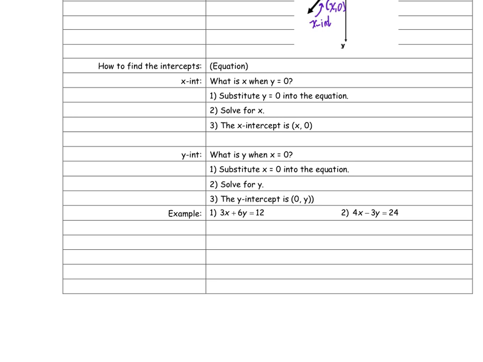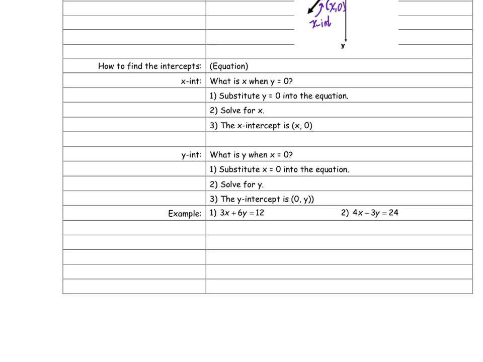That means wherever there's a y in my equation, I'm going to put in a 0. Okay? And then step 2 says solve for x. So once that's 0 in there, and there's no more y's because y is now 0, then I'm just going to solve for x like I know how to do. And then once I solve for x, my intercept is x comma 0.